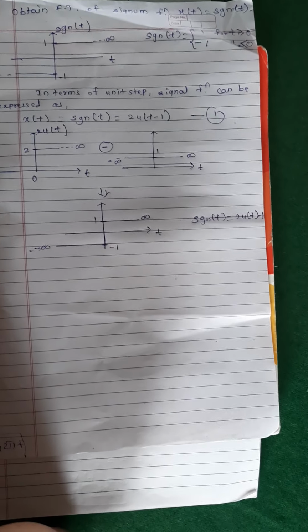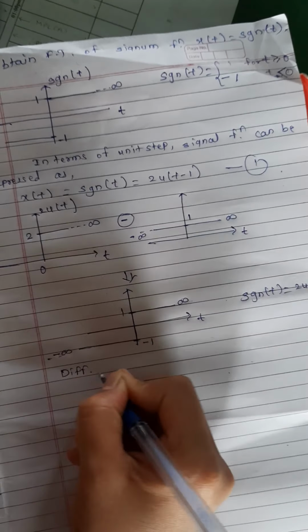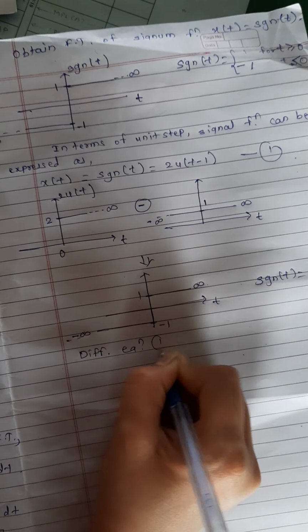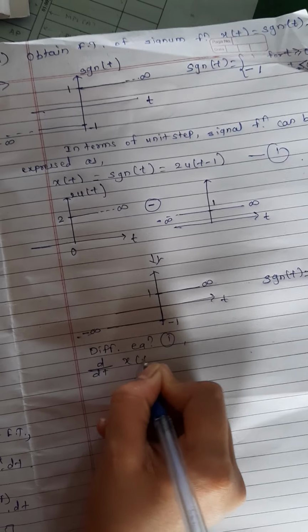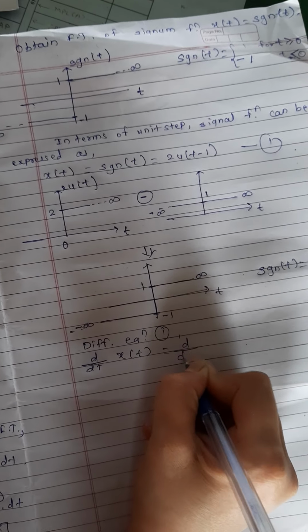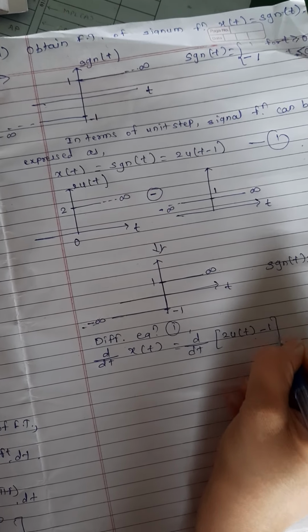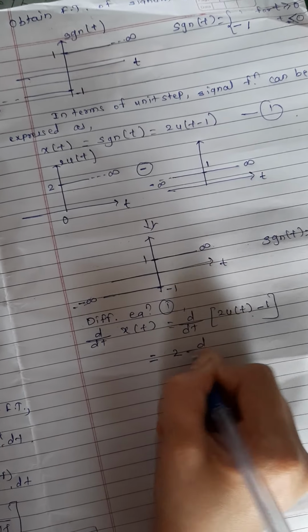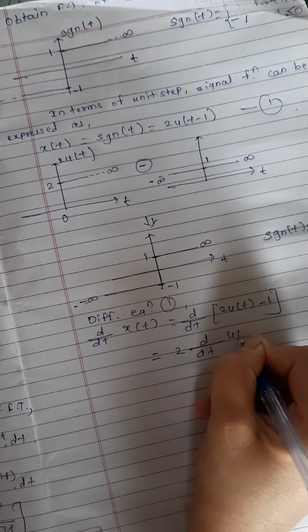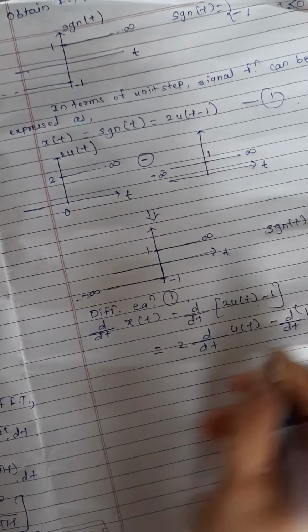Now differentiating equation 1, we get d by dt of x of t is equal to d by dt of (2u of t minus 1). So 2 is a constant: d by dt of u of t minus d by dt of 1.